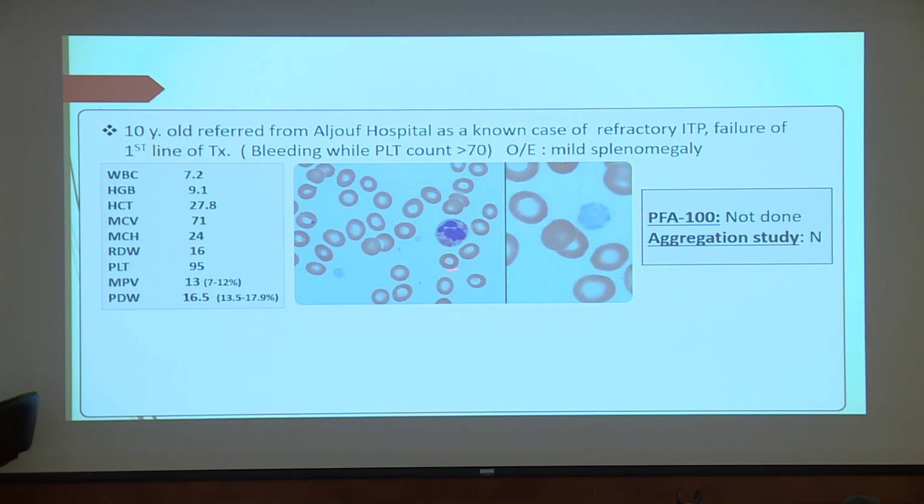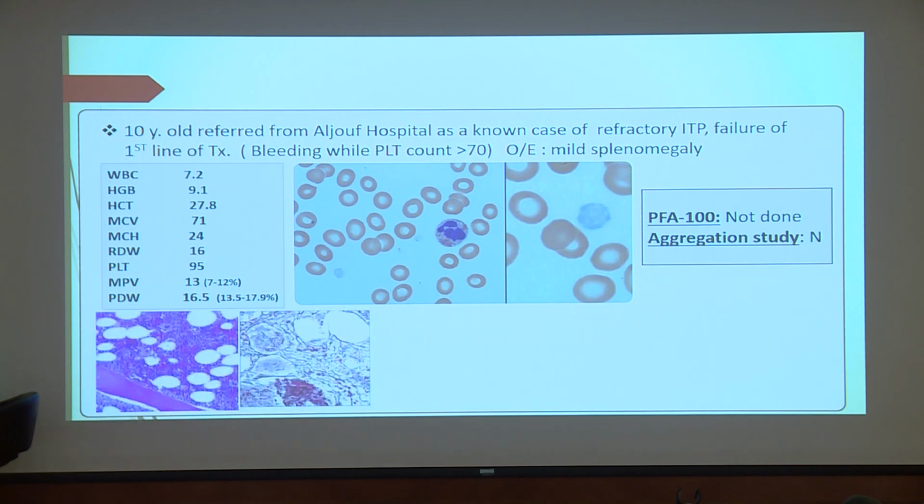Actually, they did a bone marrow before they consulted us, because they wanted to proceed with splenectomy. So we also received the bone marrow, and it was mildly hypercellular and fibrosed, grade 2 out of 4, or it might be 2 out of 3.